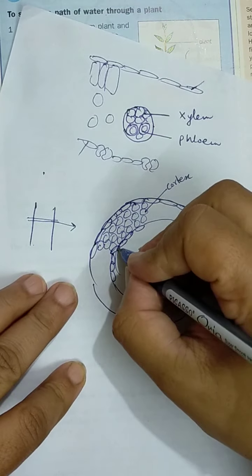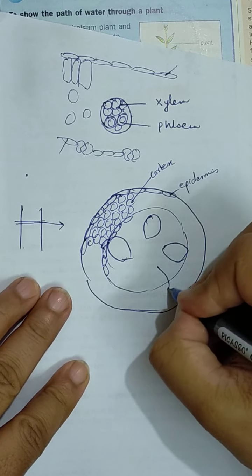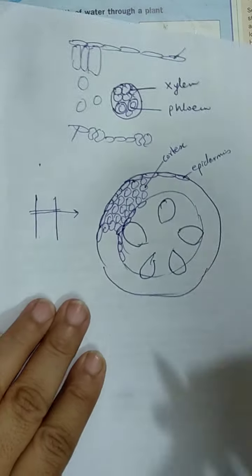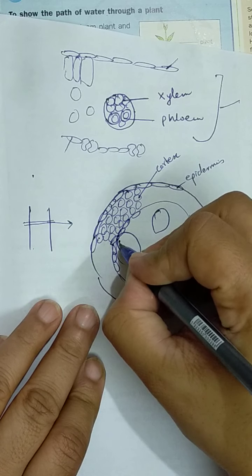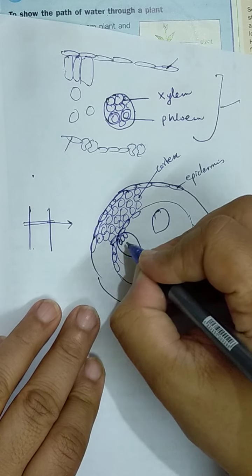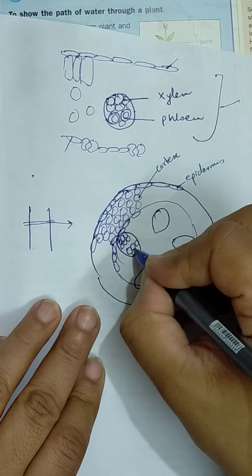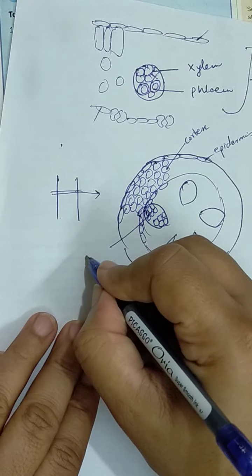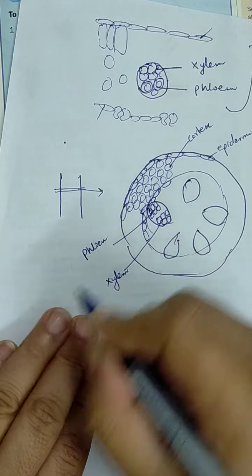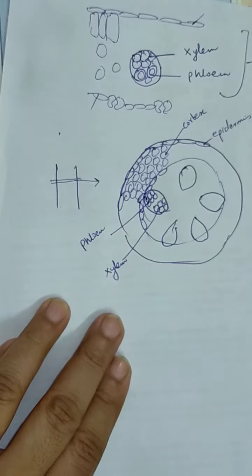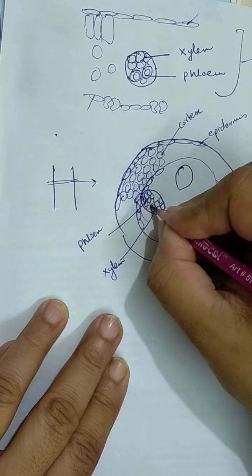Now the vascular bundles are present in a ring form in the dicotyledonous stem, like this. Here I'll show you the difference from leaf to stem. In this area the phloem is present in the outer side region and xylem is present towards the inner side. This one is phloem, this one is xylem, and between xylem and phloem there is a layer which is called cambium.